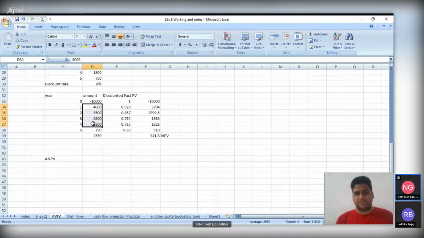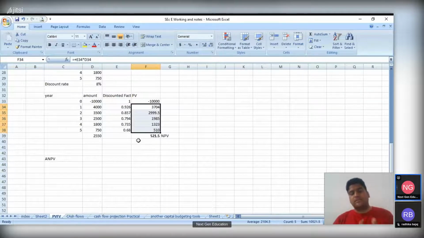But your present value is 10,521. So that means if you are going to pay 10,000 as an investment, you are receiving 10,521 rupees right now, which means you are receiving 521 rupees extra by investing in that particular business. So why is it not feasible for you?